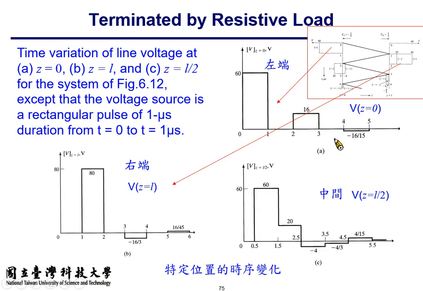So using the bouncing diagram, you can draw the time variation of the voltage signal on the left-hand side, and here's the time variation of the voltage signal on the right. This is the left-hand side. This is the right-hand side. This is in the middle. Okay. And you see they all approach 0 as we go from transient to steady state.